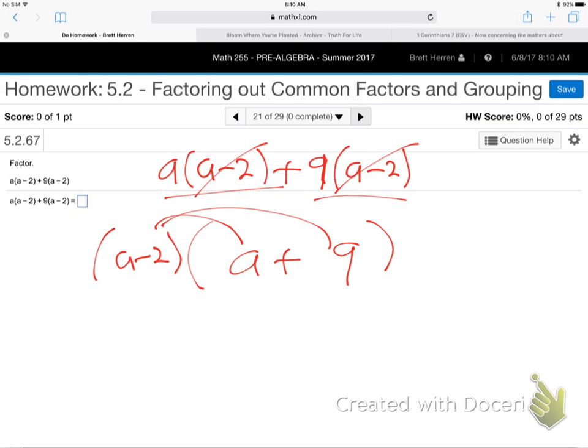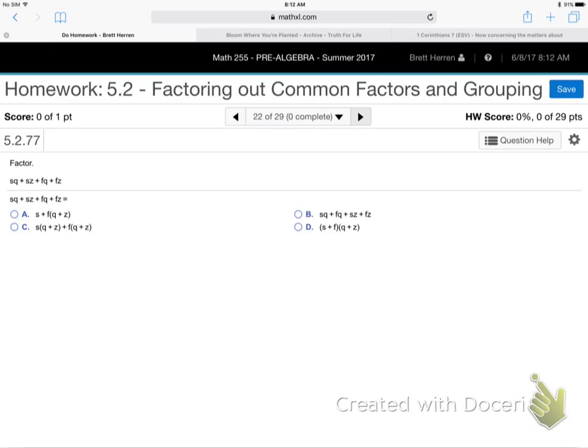Okay, got it. All right, so let's try this one. So now, SQ plus SZ plus FQ plus FZ. 4 terms.